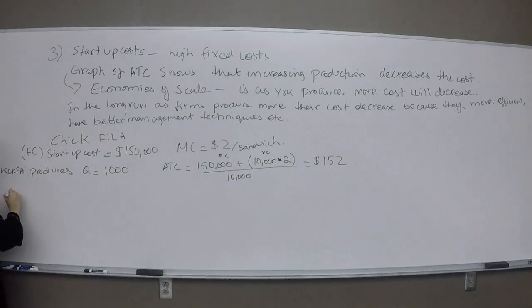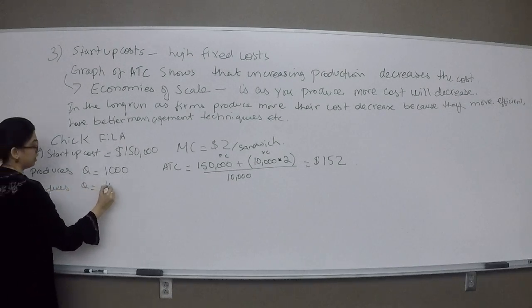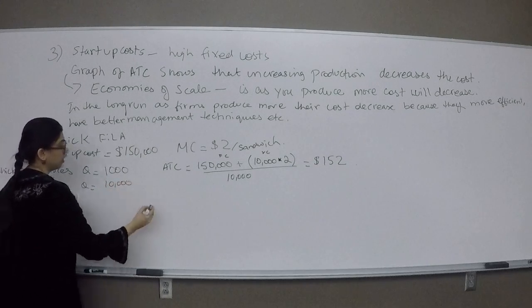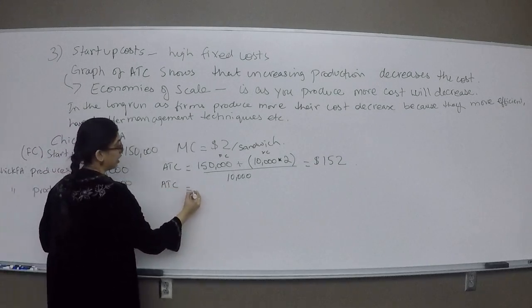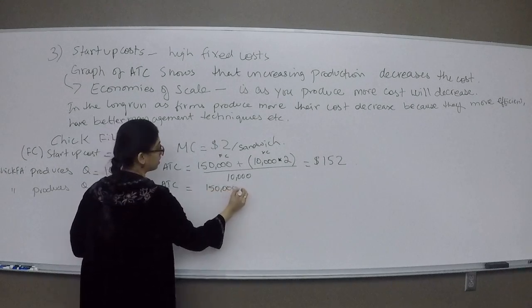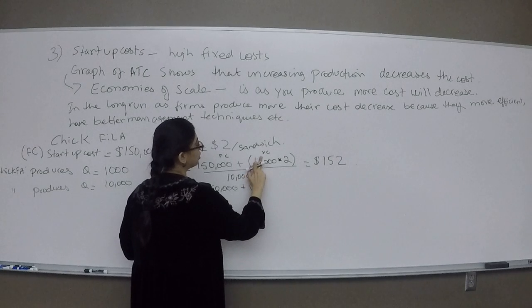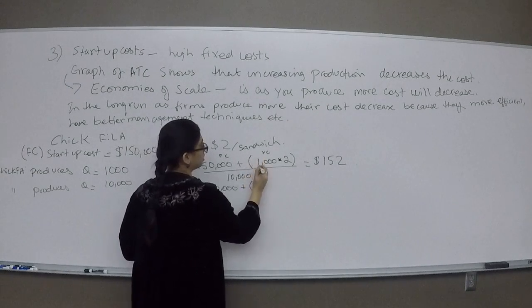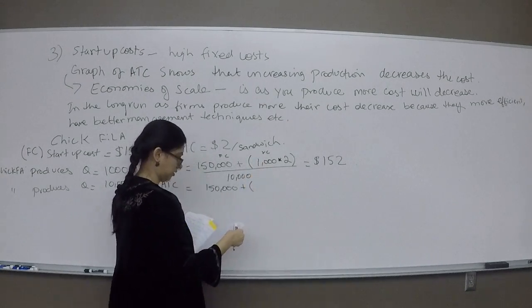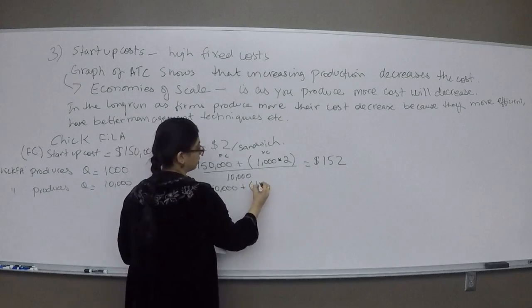Now, if Chick-fil-A produces, let's say, 10,000 sandwiches, their ATC would be, the fixed cost is still $150,000, right? I'm sorry, the previous one was supposed to be 1,000, not 10,000. The next one is 10,000, sorry.